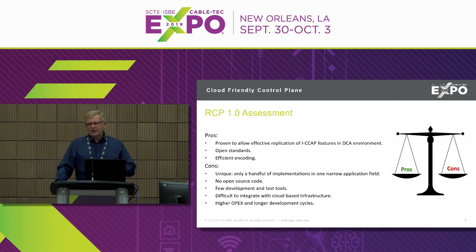The uniqueness is the Achilles heel of Remote PHY, because the uniqueness translates into a set of business issues, such as difficulty in testing and implementation and integration with other systems, especially cloud-based systems. Those issues also translate into higher OPEX and longer development cycles. It's one of the reasons why Remote PHY took 5 years from the start of the project to the point where the systems are being deployed at scale. Not the only reason.